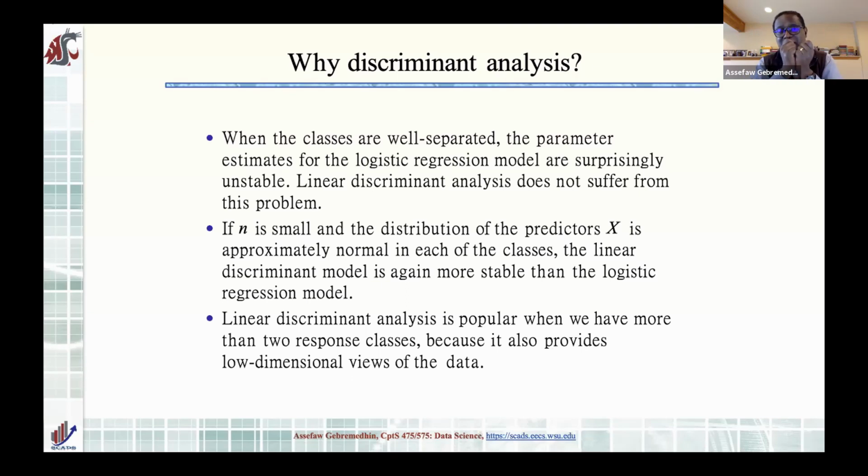They are not going to withstand small changes. Just a small change in the numbers could drastically change them. Linear discriminant analysis does not suffer from that problem.